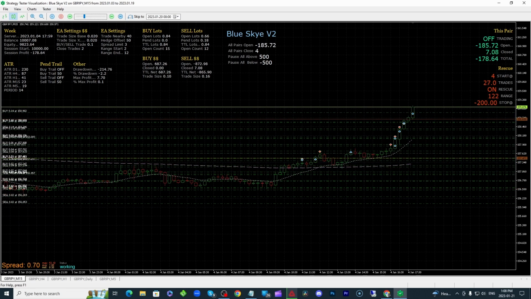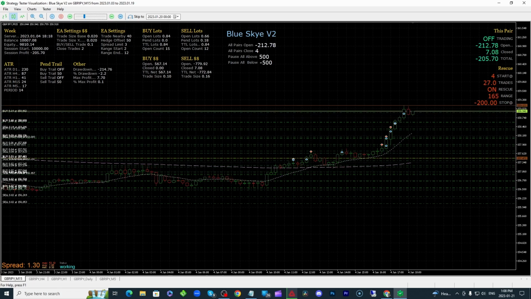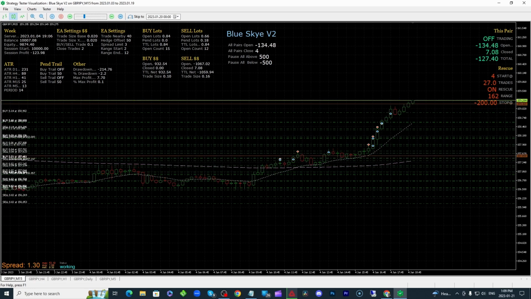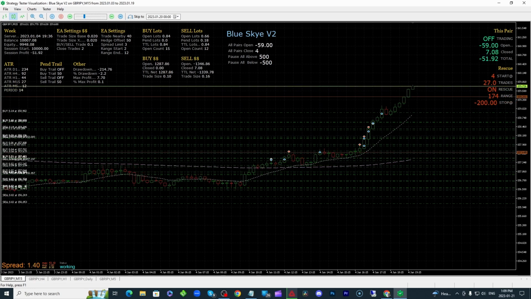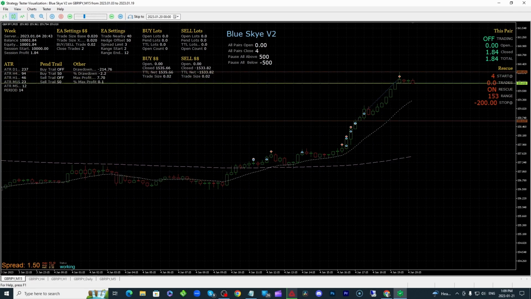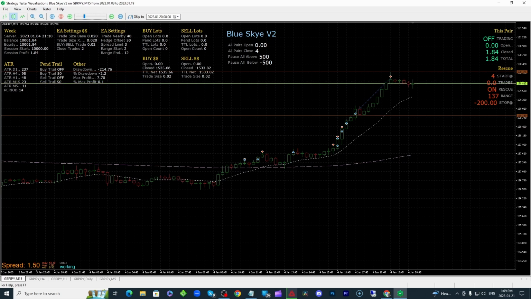Okay, off. So it turned it off. It's no longer placing any trades, but you see the buy trades were already on the chart. There it goes. Because it continued up, very nice. Okay, so that worked.